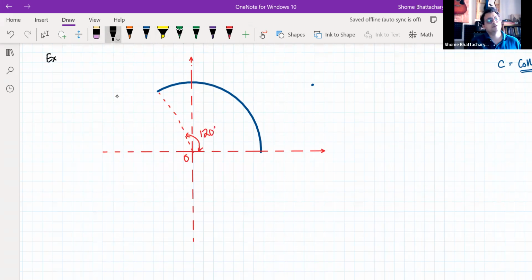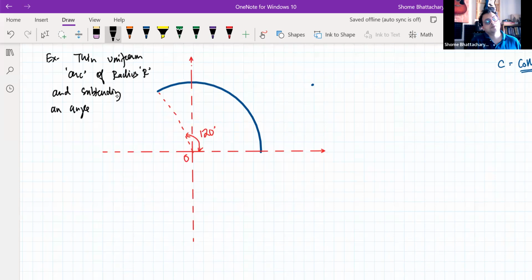So in this example, we are looking at a thin uniform arc of radius r subtending an angle of 120 degrees at the center of curvature. Basically it is 1/3 of a full ring. A full ring is 360 degrees at the center, and this is 1/3. We have to locate the position of the center of mass.